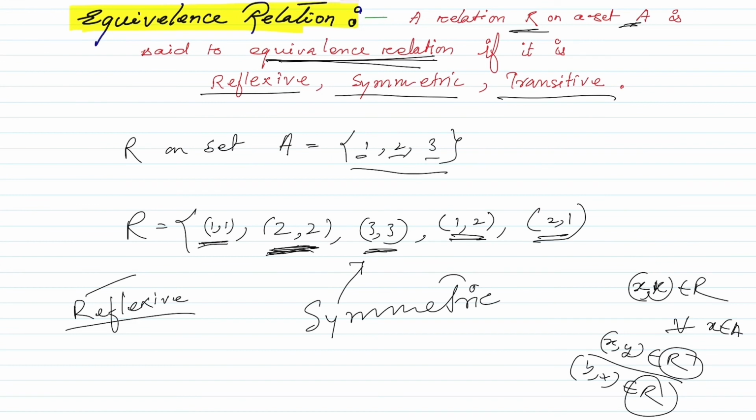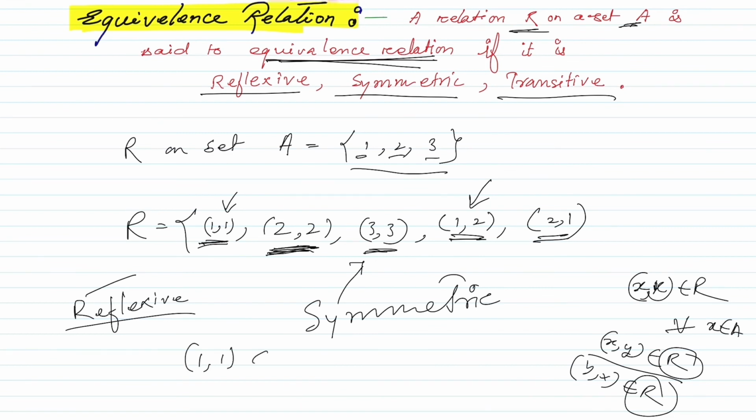Now let me check, is this transitive or not? Here you see we have (1,1) and this is (1,2).